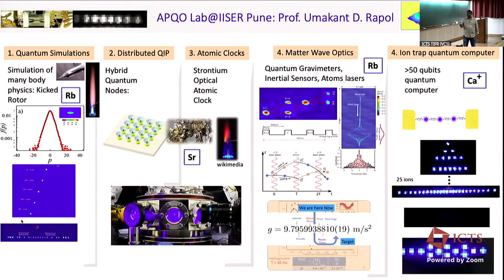The recent one was using a free-falling rubidium Bose-Einstein condensate and demonstrated the atomic gravimeter to measure gravitational acceleration. That system would allow you to build a sensor that would measure gravitational acceleration to a very high degree of precision, which is important for many technological applications.